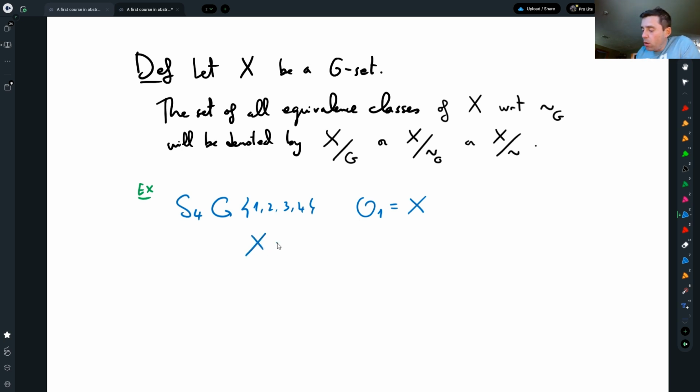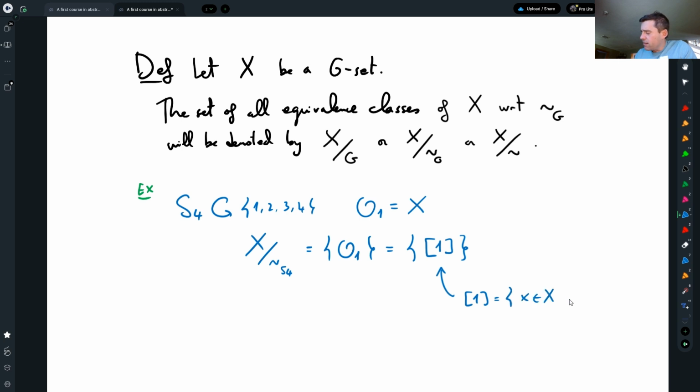So X modulo this equivalence by S4, there's only one class, and that class is the orbit of 1. Sometimes we'll write just the class of 1, meaning the same thing. The class of 1 would be every element in X such that X and 1 are G equivalent, which is what we are denoting right now as the orbit of 1. So there's only one orbit.